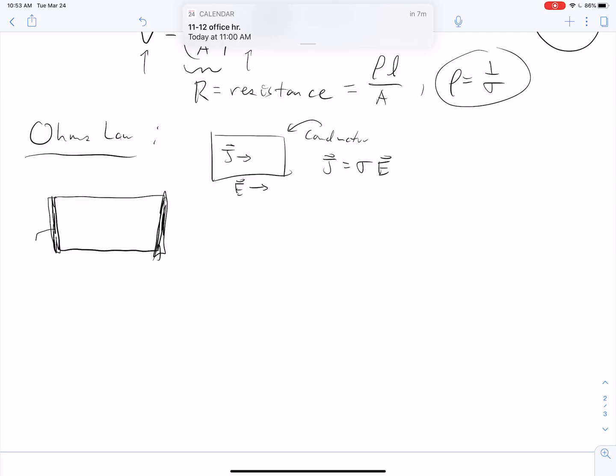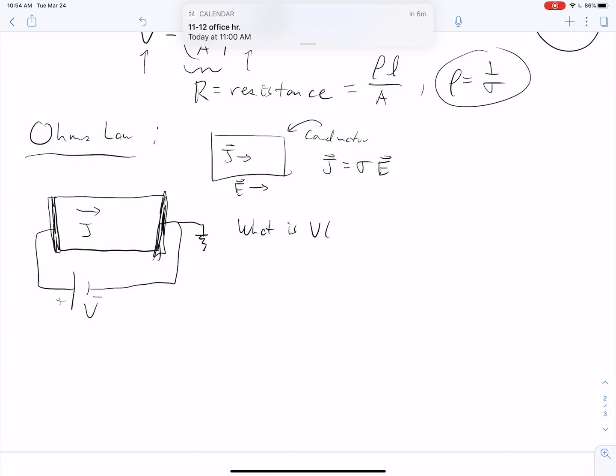And now I put a battery here, and that's my voltage. This conductor is basically a resistor, and now I have current flowing through it. Then I could start asking questions. Suppose this side was grounded, just for reference.